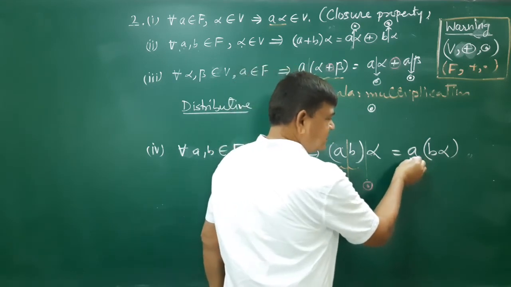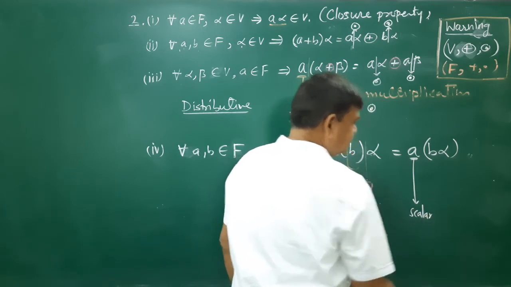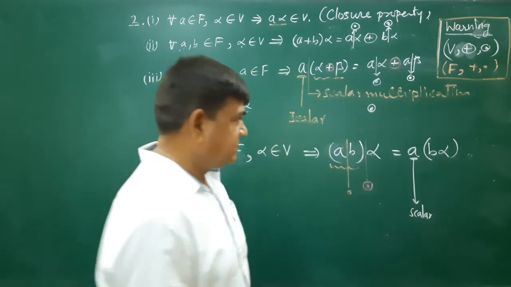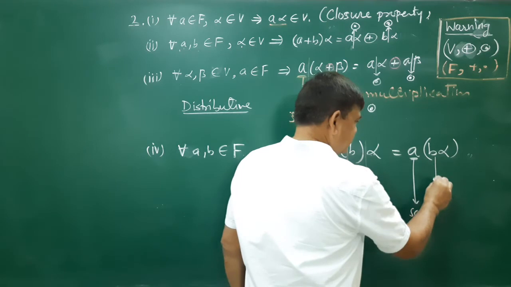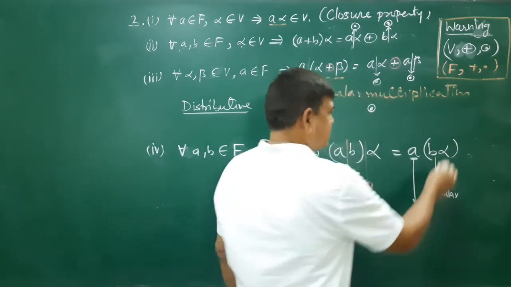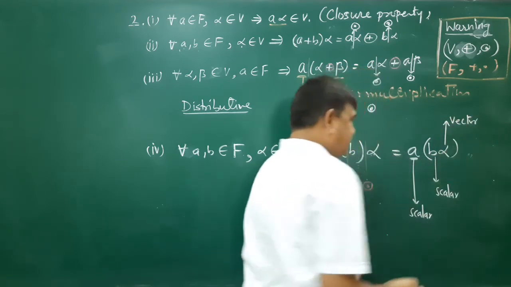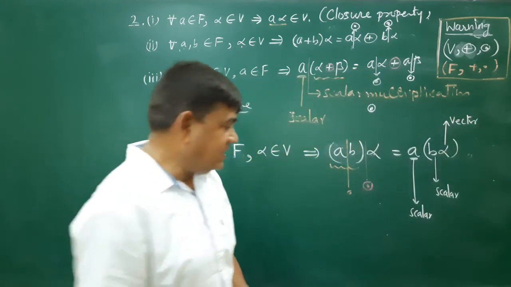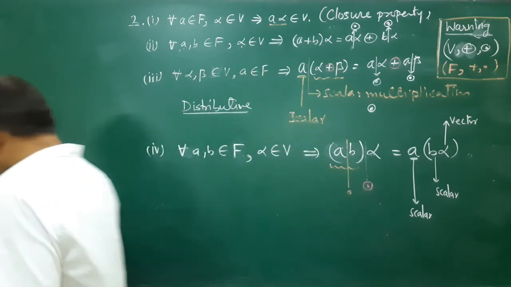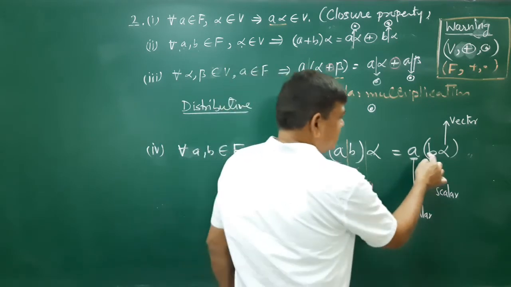अब जरा यहाँ जाओ, ए नंबर मीन्स स्केलर, ध्यान से देखना इसको। बी स्केलर, अल्फा वेक्टर, इसलिए scalar vector.